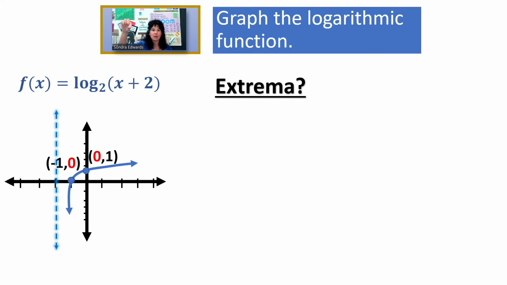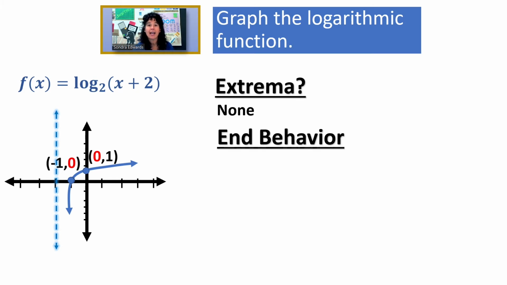I go downhill and then I go uphill, and that is where we have a min. Or I'm going uphill and then downhill, and that's where we have a max. So we're not changing from increasing to decreasing or decreasing to increasing, so we can't have any local mins or maxes. So logarithms do not have local mins or maxes. They will not have any extrema.